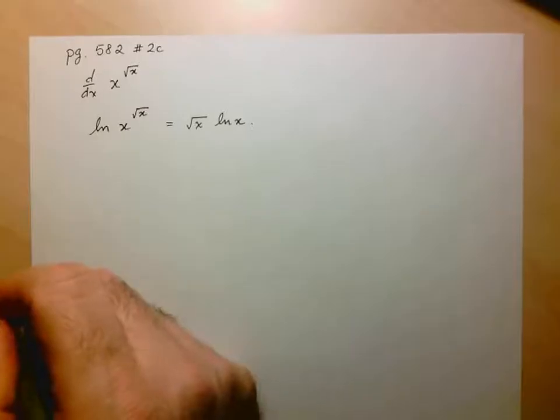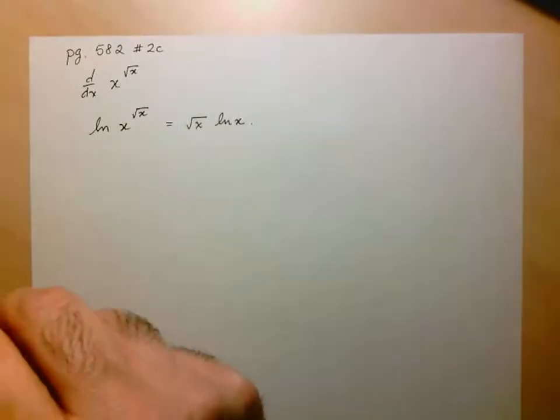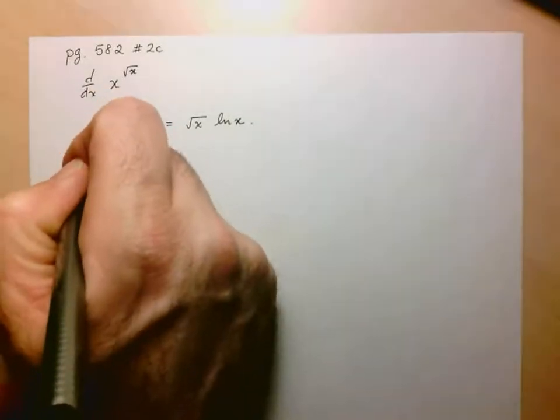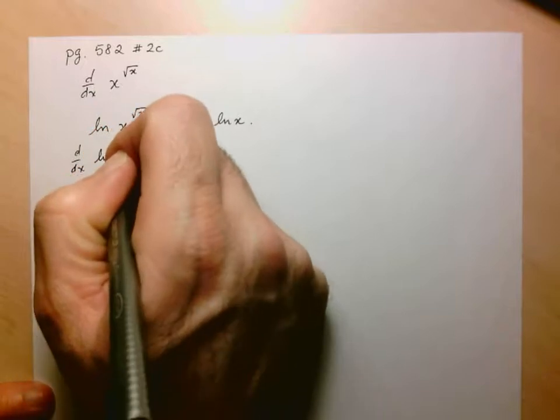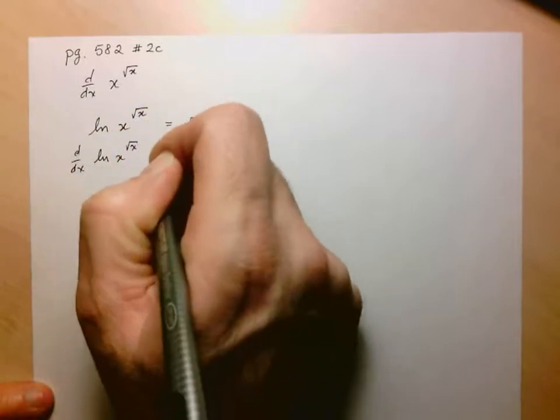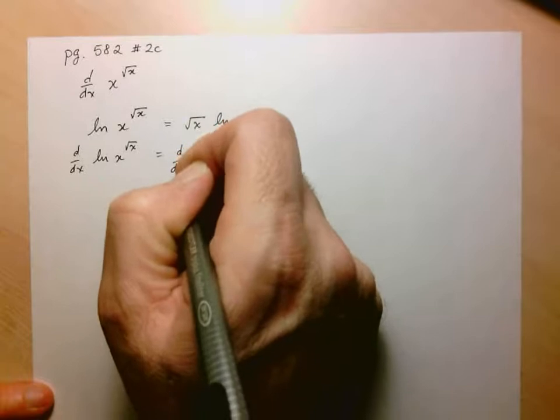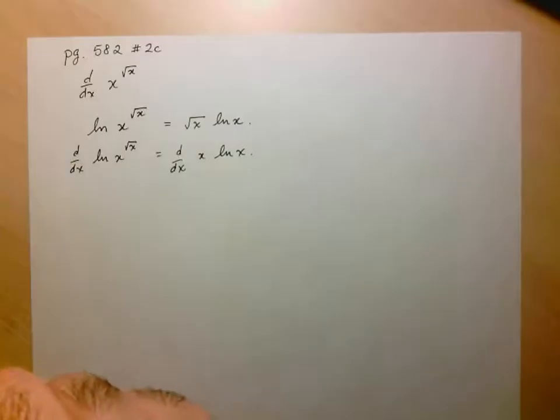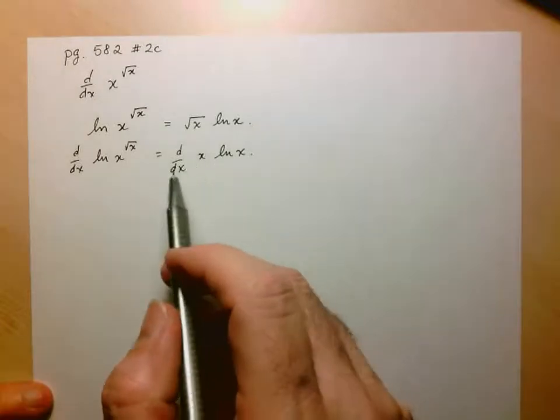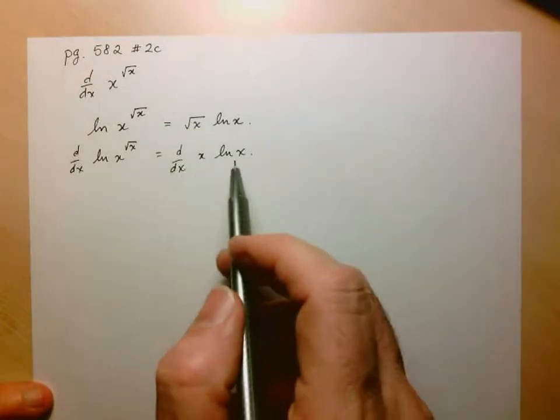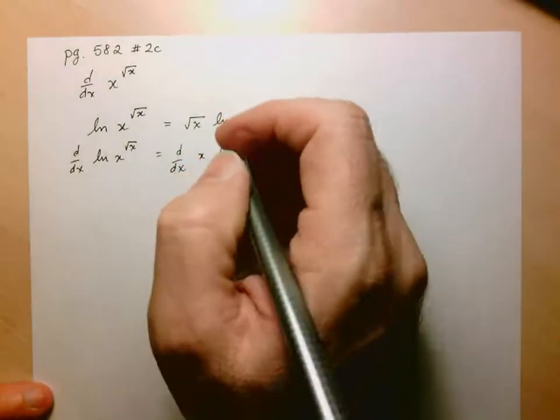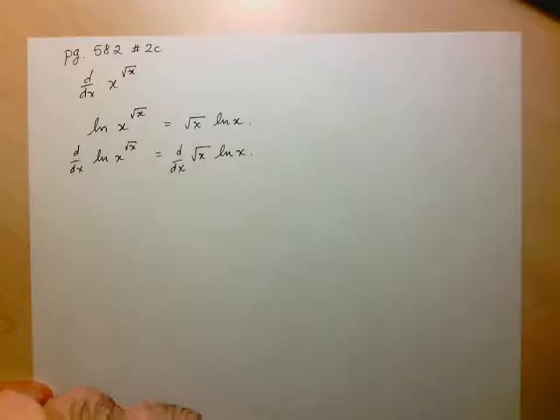Okay, and so now I can differentiate both sides of this equation. So I'm going to take the derivative of both sides. Okay, and the reason why this works is because on the right hand side, nice and easy, this should be square root of x times ln x.